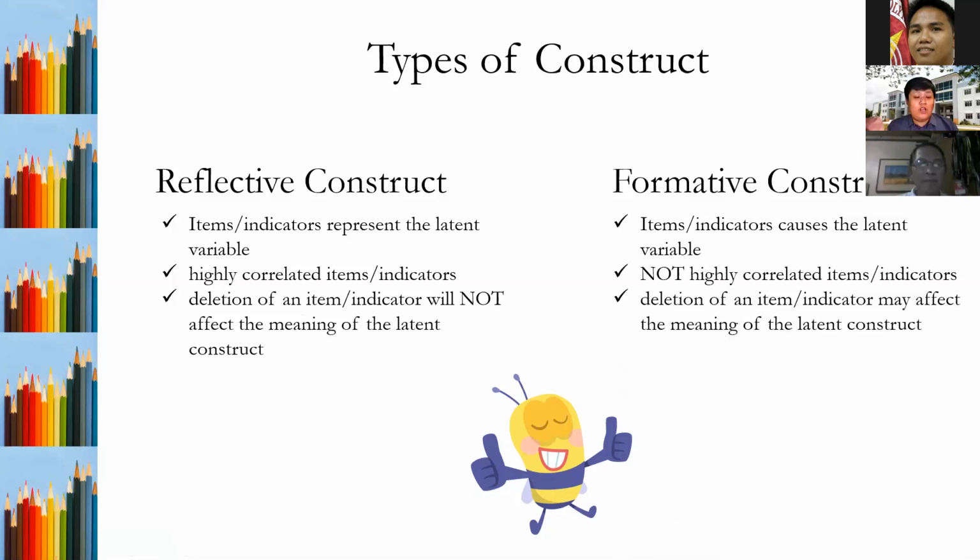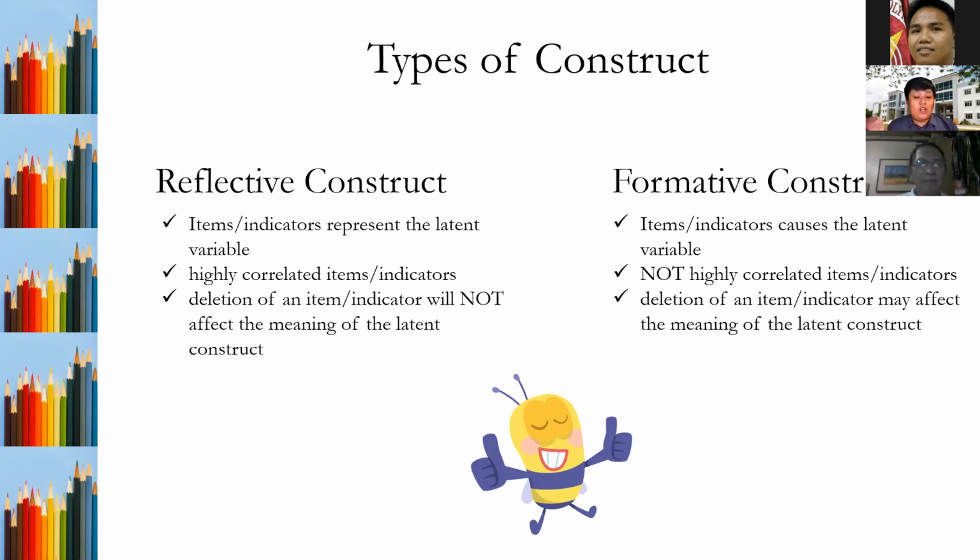Number 2, when we talk about a formative construct, this is the exact opposite of the reflective construct. In a formative construct, your items or indicators cause the latent variable. What do I mean?